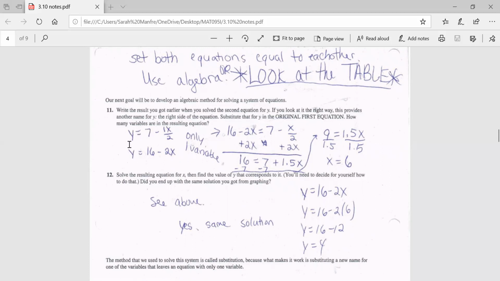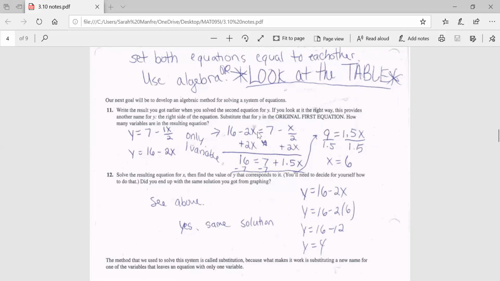So I took the 16 minus 2x and I'm going to say that's equal to y. So 16 minus 2x can replace this y up in my first equation, which is where this equation came from.